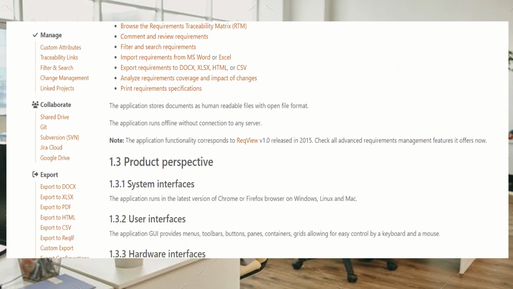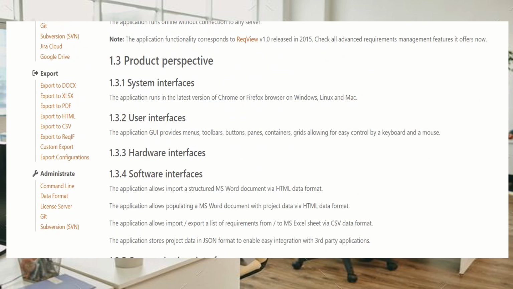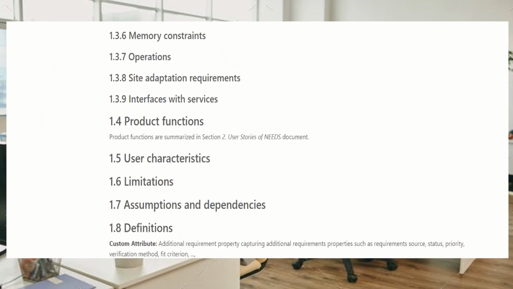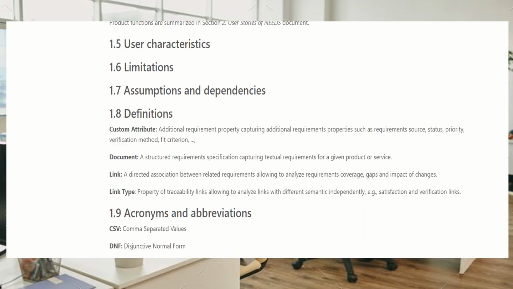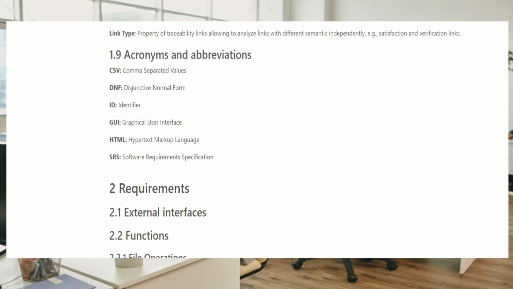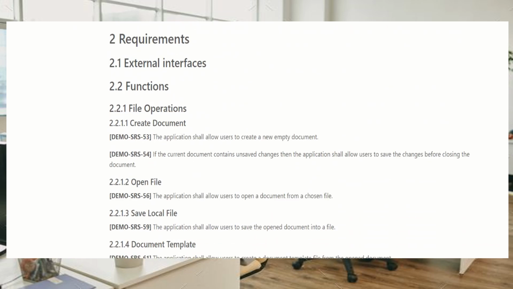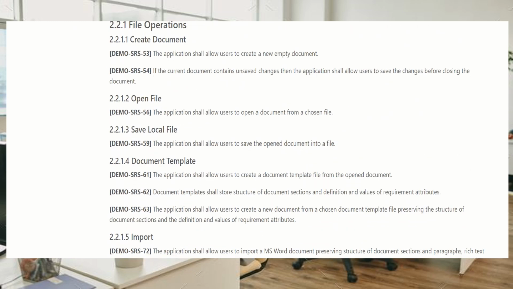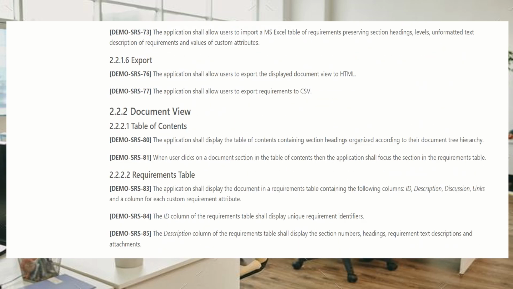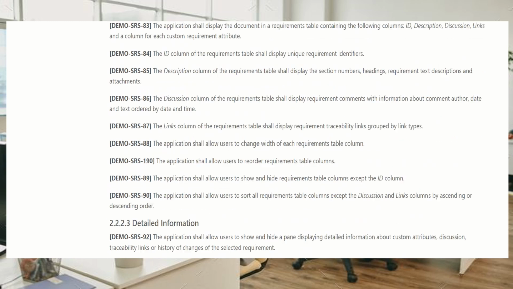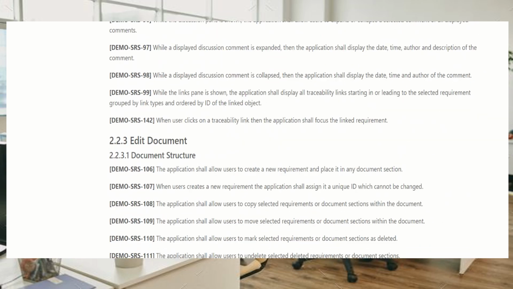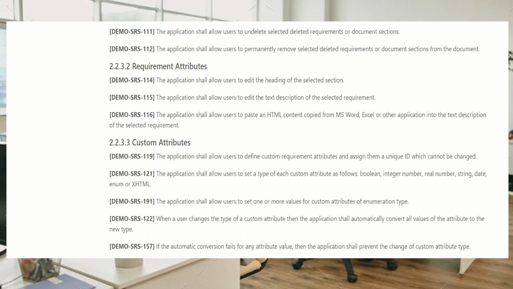The next part is where you have to define the product perspective, system interfaces, hardware interfaces, communication interfaces, memory constraints, product functions, user characteristics, limitations, acronyms and abbreviations, and requirements: open file, save file, document template, import, export, document view, requirement tables, and the detailed information about the product. Then if we have done an edit, how can we do it?